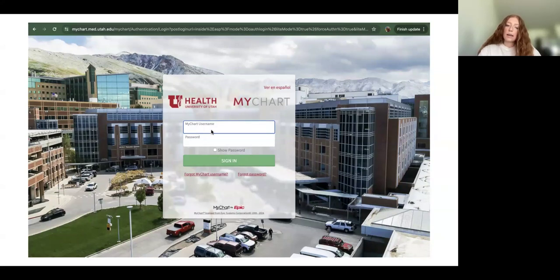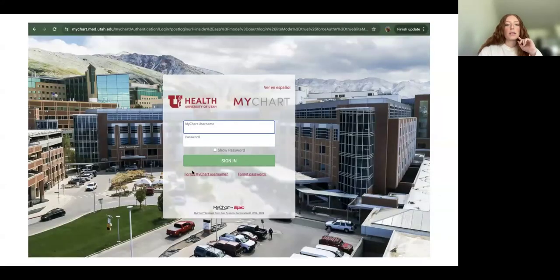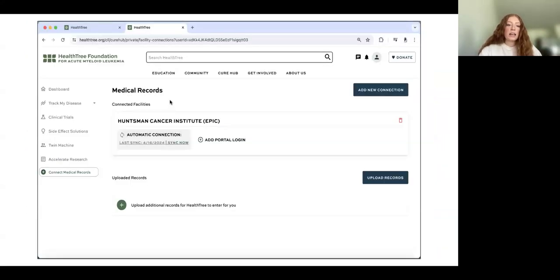So you just type in your username and password as if you're just logging on to message your doctor or look at some lab results. It will probably ask you some questions before this about wanting to make sure you want to connect your records to HealthTree. You just answer those questions. Then after that, it's connected.